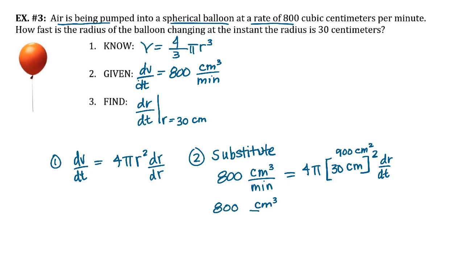centimeters cubed per minute, and that is all over 4 pi times 900 centimeters squared, and then that's going to be equal to dr/dt. Now a lot of times with this being multiple choice is usually how you will see this type of problem.